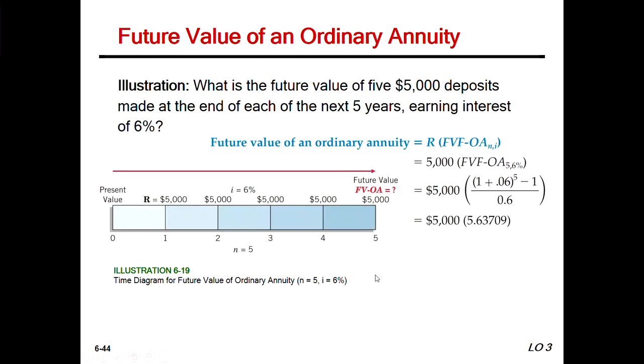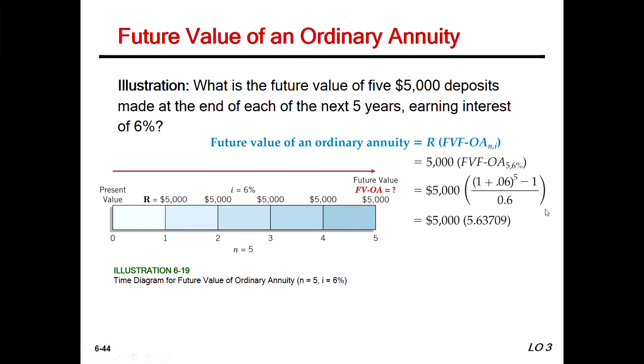If we are saving money, let's say we can save $5,000 every year, and we make that payment at the end of the year. We deposit the money, and we get 6% interest on it. At the end of 5 periods at 6%, we will have $28,185.45.